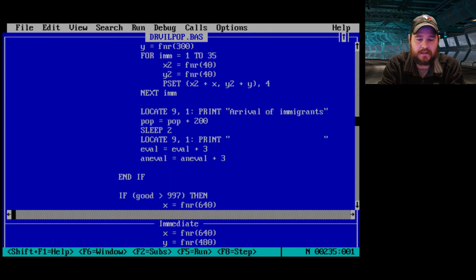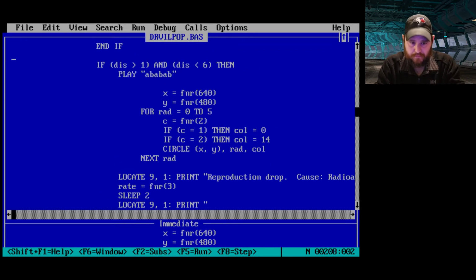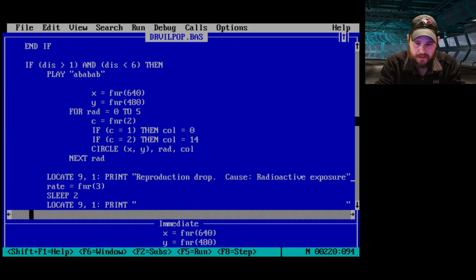Okay, so this caused utter hilarity when I saw this message. So this is the reproduction drop from radioactive exposures. And so this circle appears on the screen.